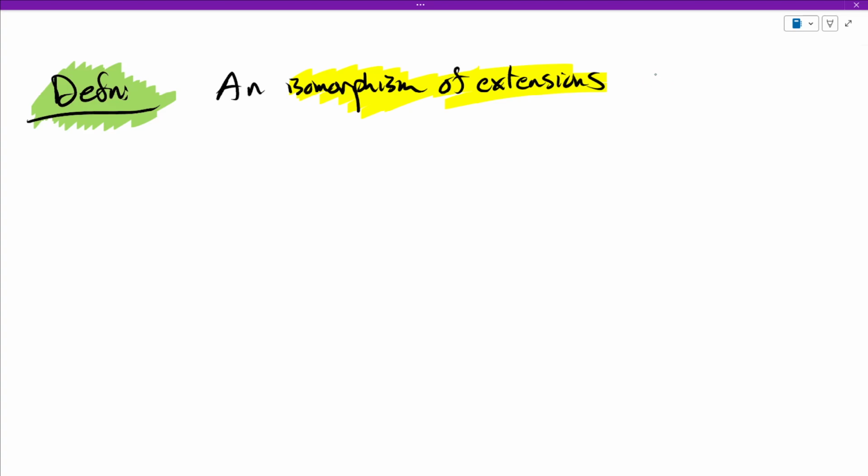Suppose we have iota. We'll use the technical definition of an extension where it's a field map. So iota from k to L, and k to k hat, just to keep with the notation of the book. And j from L to L hat.